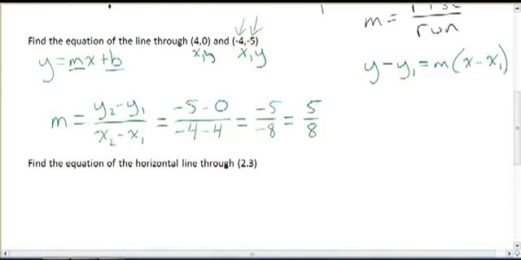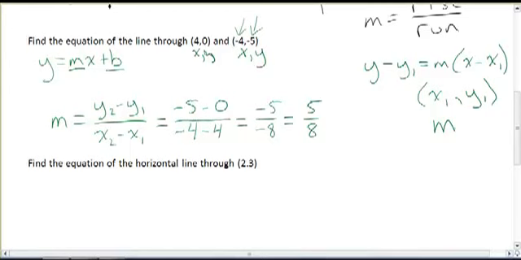Okay, y equals mx plus b was called slope-intercept form. This formula is called point-slope form because you're going to use a specific point, an x1, y1, and you're going to use the slope, m. Point-slope form. Okay?